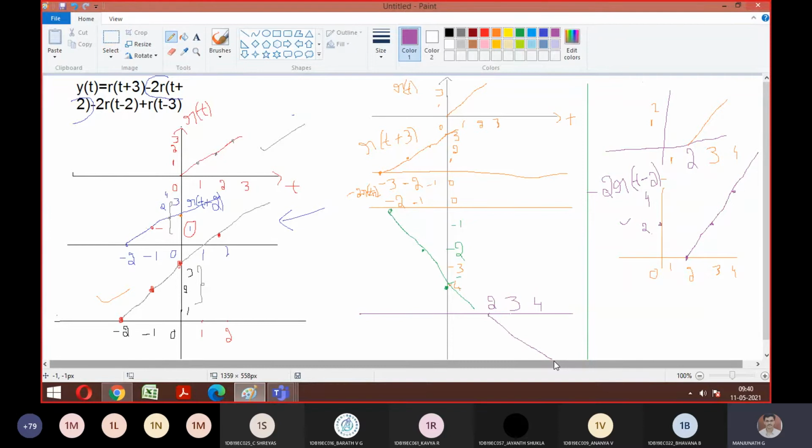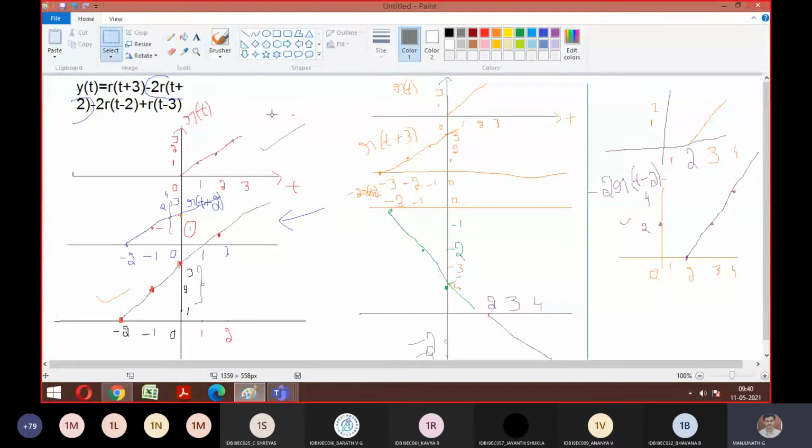Now is it correct? For your reference, you can make a note. For 2 it is 0, for 3 it is 2, which becomes minus 2. Then for 4 it is 4, it becomes minus 4. Till here is it okay? So let me trace the other graph. Is it okay to everyone?